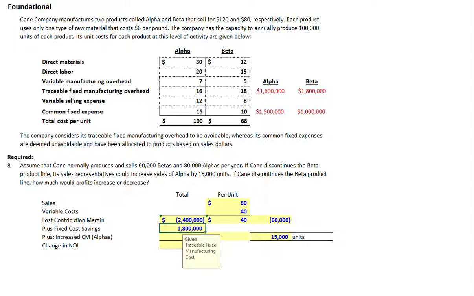Plus, we're going to have that increase in alphas, and our contribution margin per alpha is $51. So we would boost our contribution margin on alphas by $765,000. We would save $1.8 million in traceable fixed costs. That more than offsets the $2.4 million lost contribution margin.